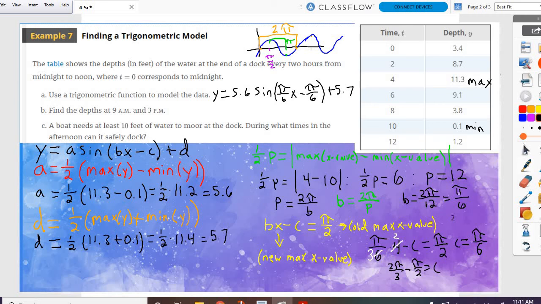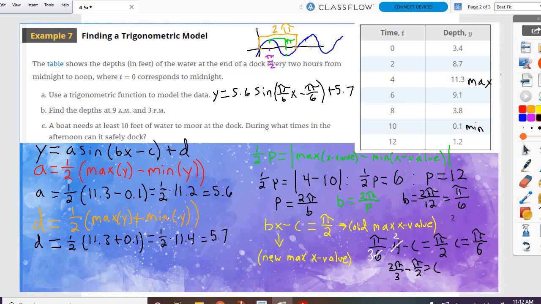So then it asks us for the depths at two specific values, 9 a.m. and 3 p.m. Those are our times. And so we can now plug those in for our x value, because remember our x is like our t.